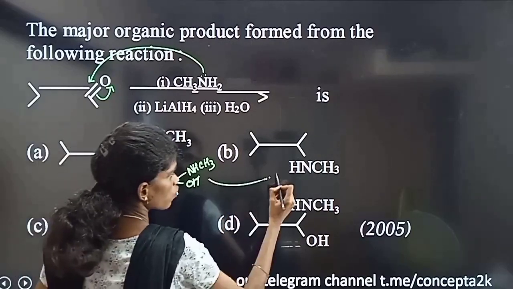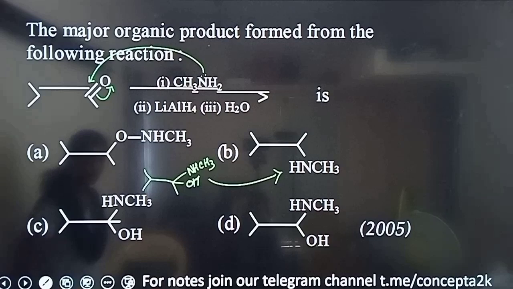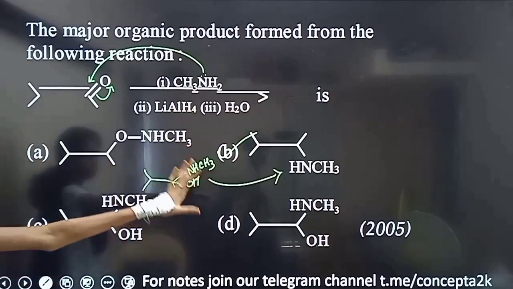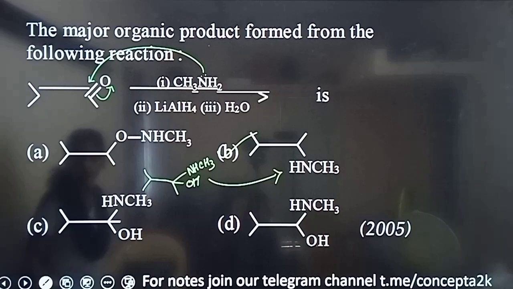It will be reduced to form the product B. This product B is the right answer. If reduction happens, this will be the product. If reduced, this is the product.